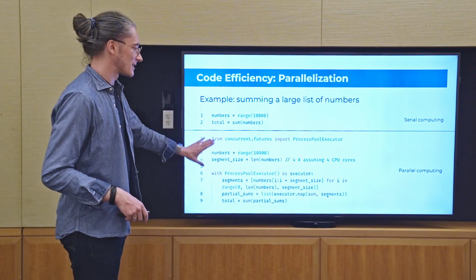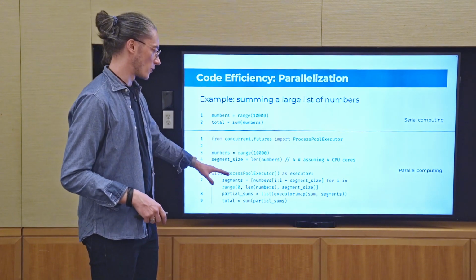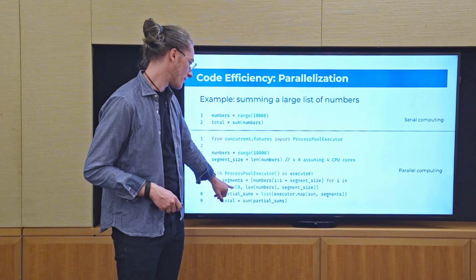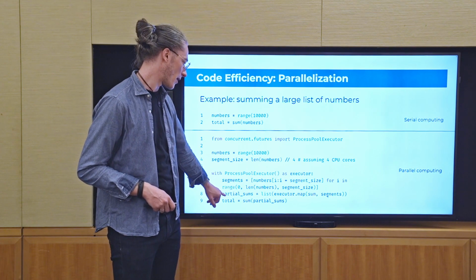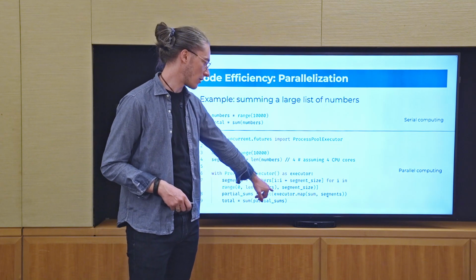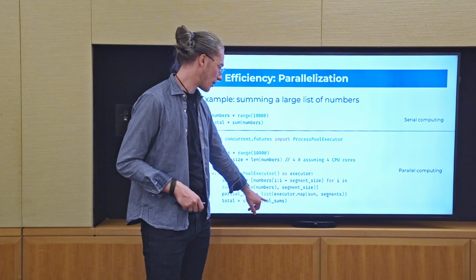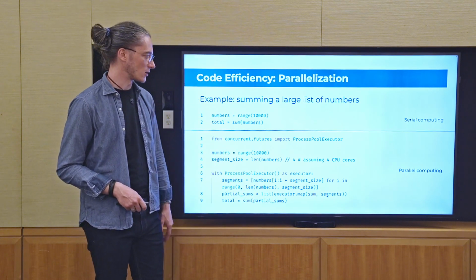This code does exactly the same as the code above, just on multiple processes. So we split our list into different parts, execute them in parallel in different processes, and then sum all these partial sums together to get a total sum.